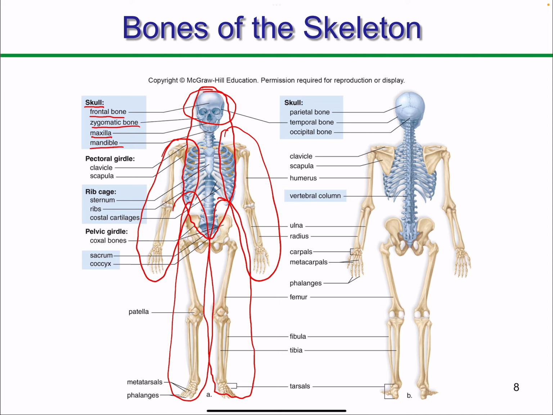We are going to address some details in a minute, okay? Now, this is actually the front side, but when we go in the back, we are going to see more, right? We're going to see, for instance, right here, the occipital bone, right? But we're also going to see the parietal bone, right?